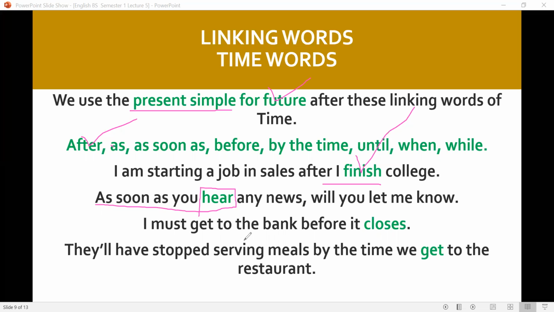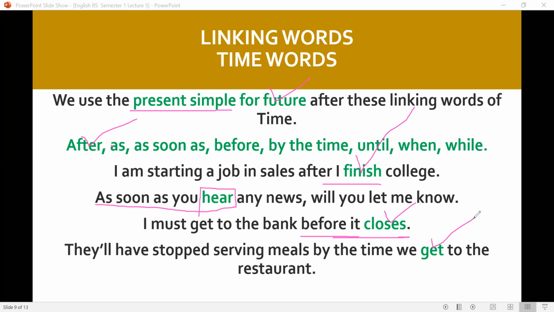I must get to the bank before it closes. Before it closes, not "before it will close." Present simple. They will have stopped serving meals by the time we get to the restaurant. Get, not "will get."